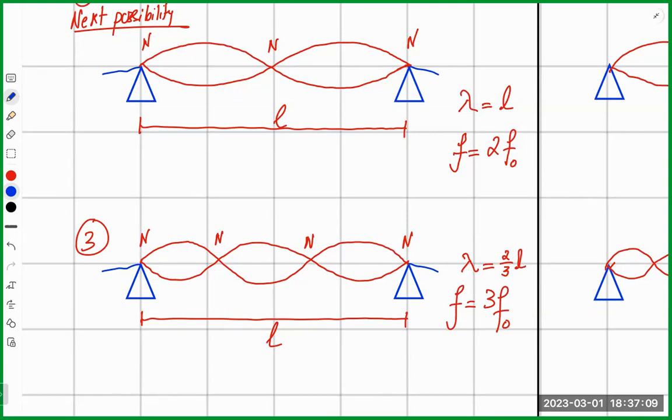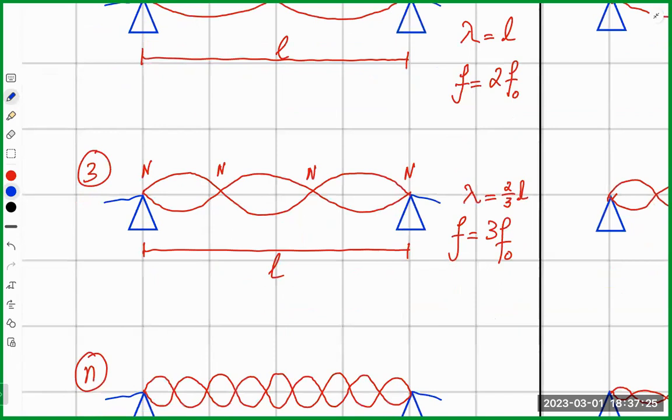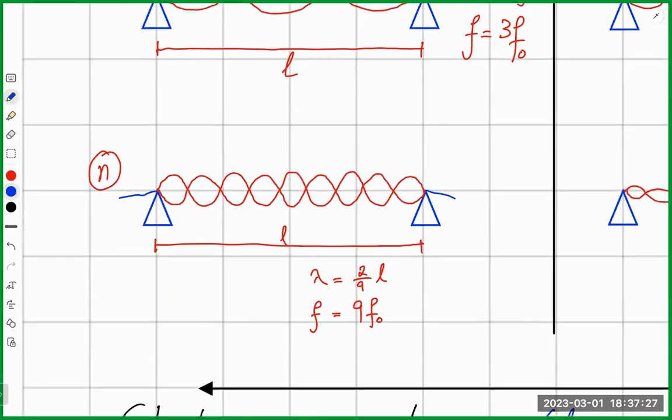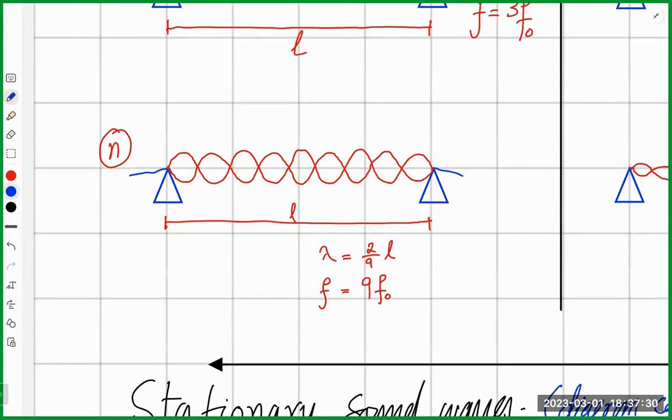In this case, length L will be equal to 3/2 wavelengths. And the frequency of this wave will be 3 times the fundamental frequency. And similarly, we can establish any stationary wave which is a multiple of this.